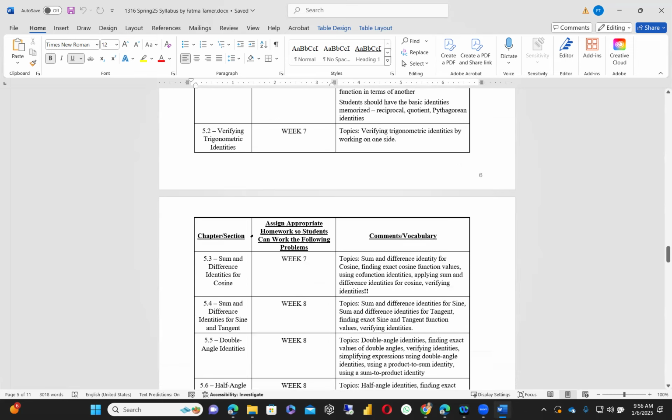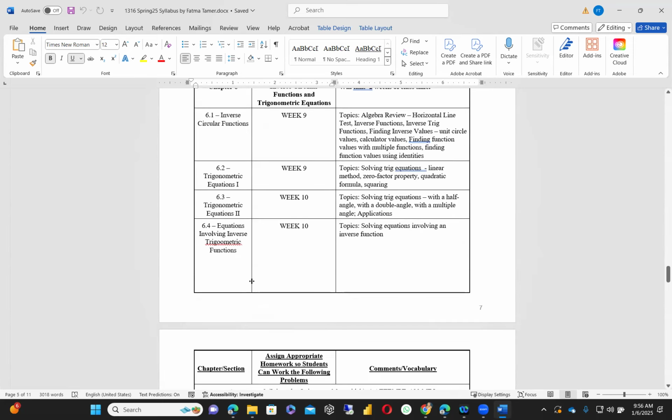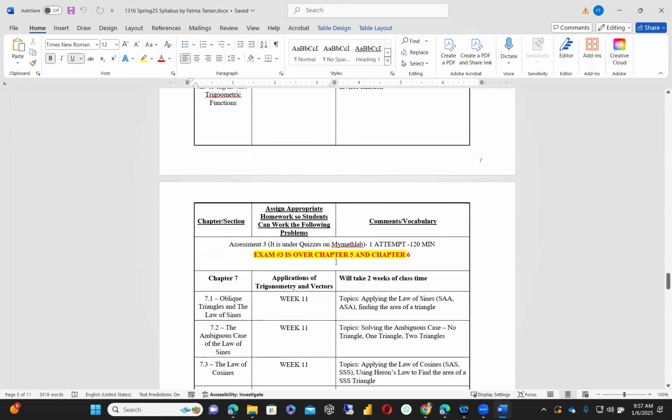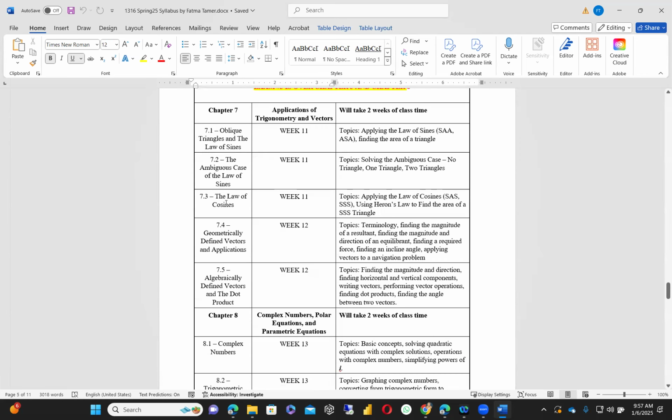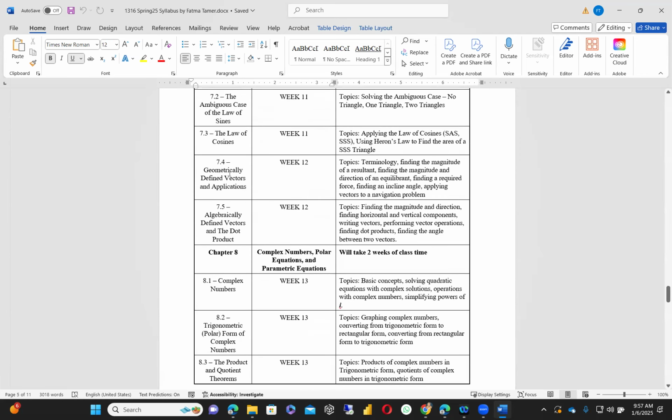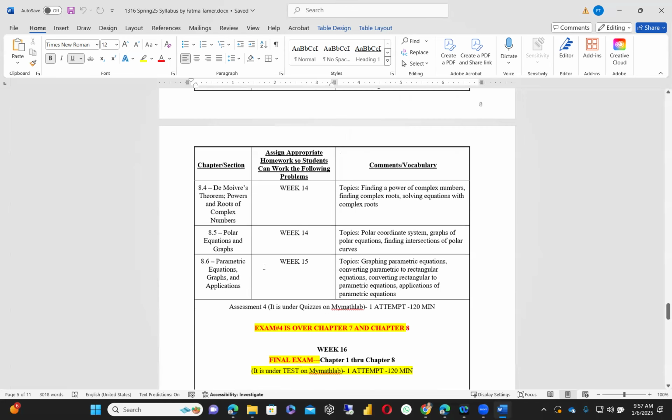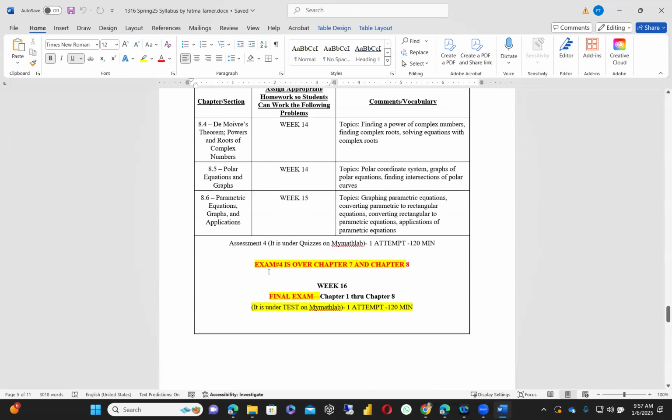Whenever you finish chapter 5 and chapter 6, you will take another test called exam 3, over chapter 5 and chapter 6. Finally, whenever you finish chapter 7 and chapter 8, you will be ready to take your next exam under the quiz category again. It will be over chapter 7 and chapter 8.